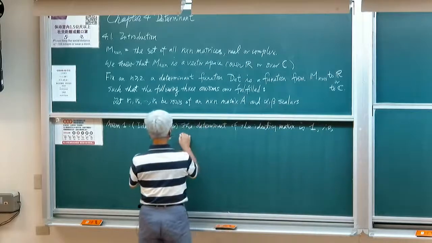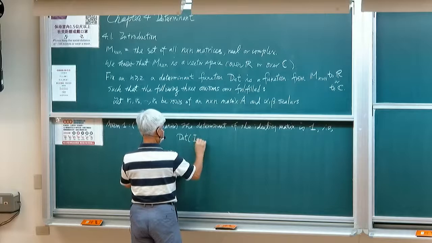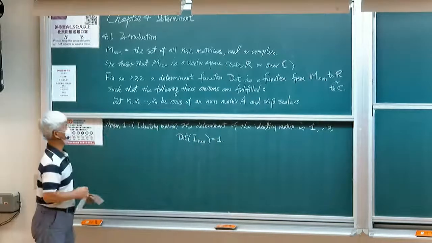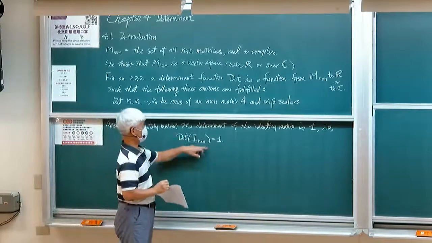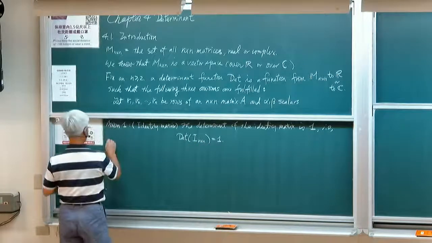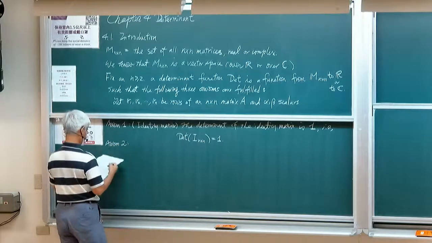Means that we require the value of the determinant function at the identity matrix to be 1. This is the first axiom.